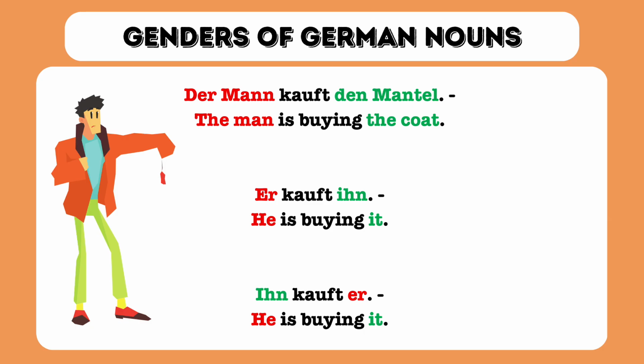Both of them still masculine nouns, both of them still using a masculine pronoun to replace them, but because of the case system, we have er and ihn to indicate which one is being used in which way. Ihn kauft er is another way of saying the exact same thing, but this time drawing more attention to that direct object of the coat, by saying it first.